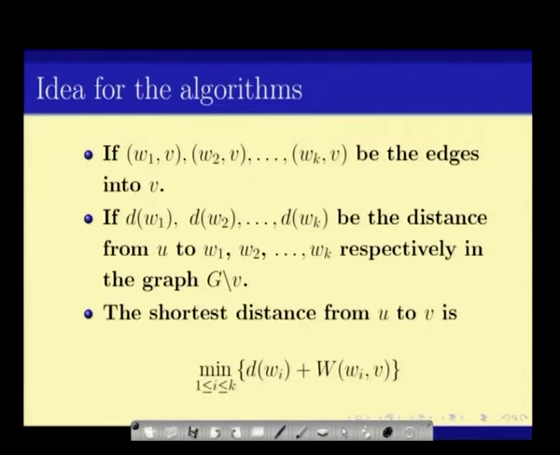If I take the minimum of all of them, I would get the shortest distance from u to v. So, I do that minimum for all i between 1 to k, of the distance of wi plus the weight of the edge from wi to v. Now, this is a recursive kind of algorithm in some sense.